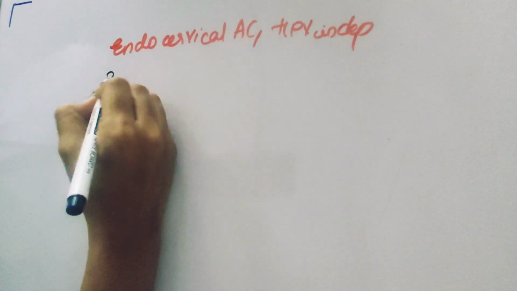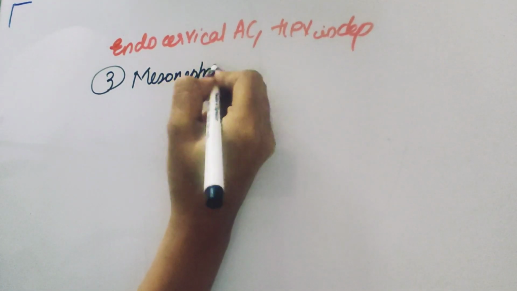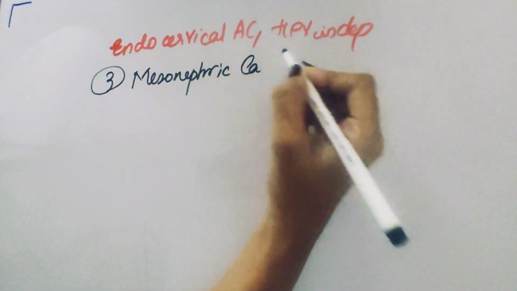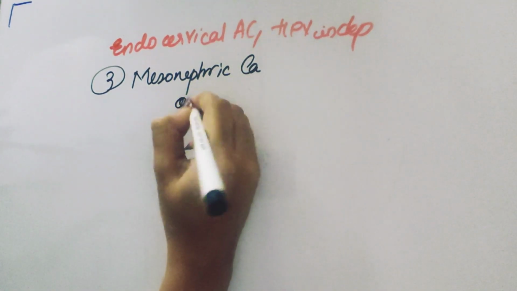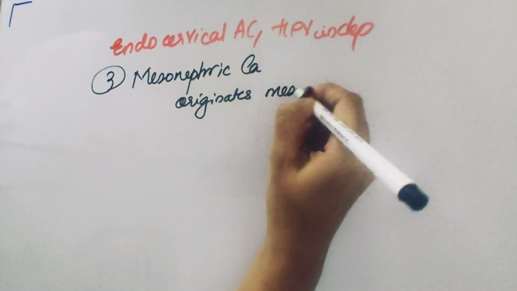So the third type we will be coming across is mesonephric carcinoma. So mesonephric carcinoma, it originates from mesonephric remnants.